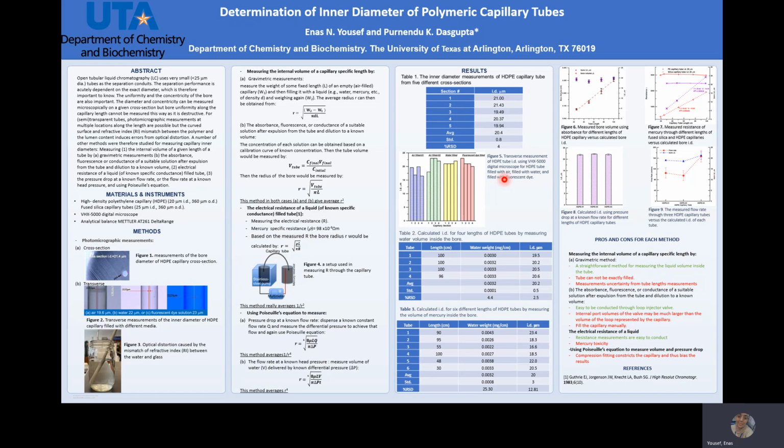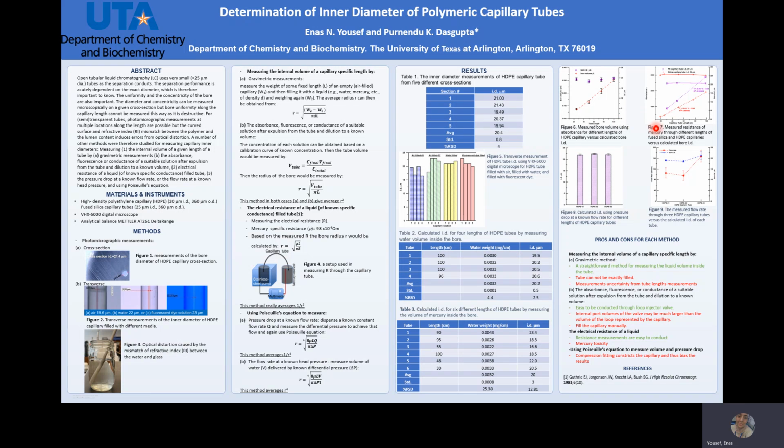Tables 2 and 3 represent the inner diameter measurement based on the gravimetric method using water and mercury respectively. Figure 6 represents the measurement of the poured volume using solution delivered from different lengths of high density polyethylene tube versus calculated inner diameter.